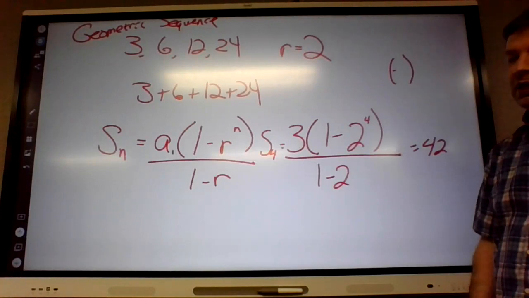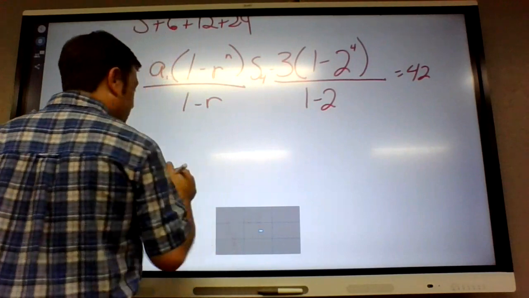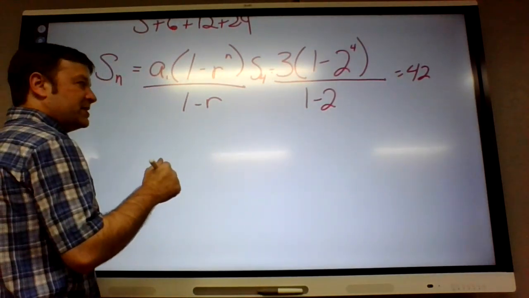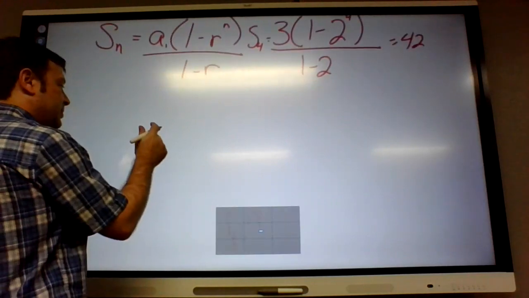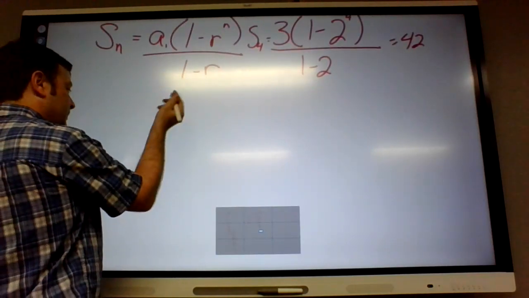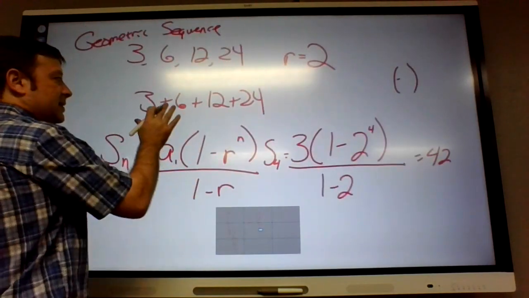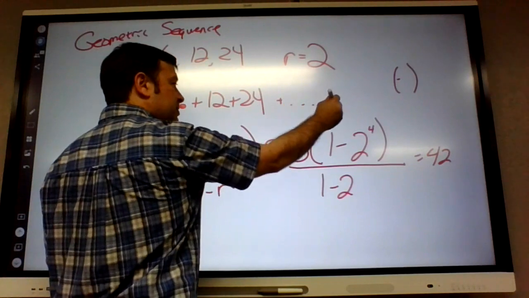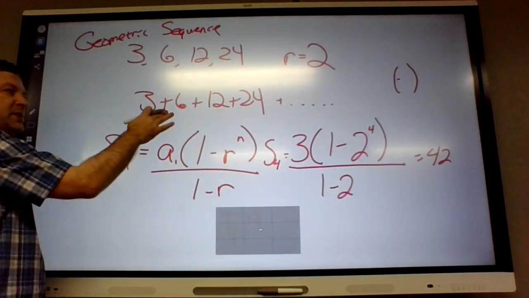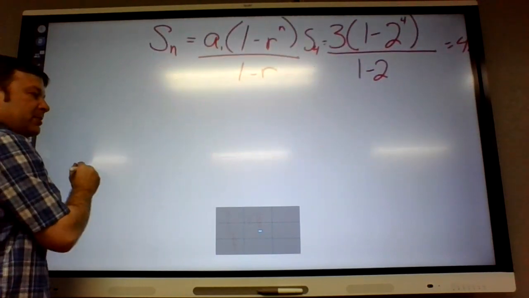I remember one thing. You can also do the sum of an infinite series if the common ratio is less than that. So, if I added an infinite number of terms of this series that I just did, it would get bigger and bigger and bigger forever and ever.